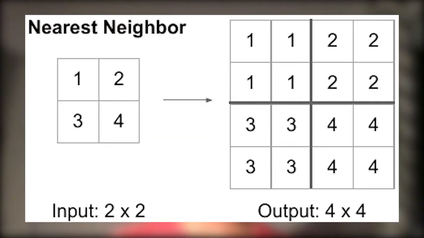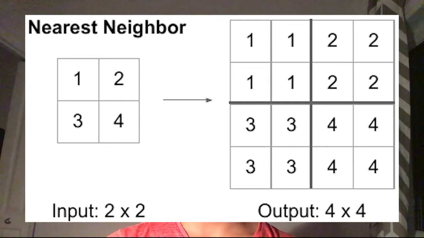But anyways, the upsampling layer. This layer essentially takes images and makes them bigger. It does this by using simple math, and it essentially estimates the pixel values in between two normal pixels.